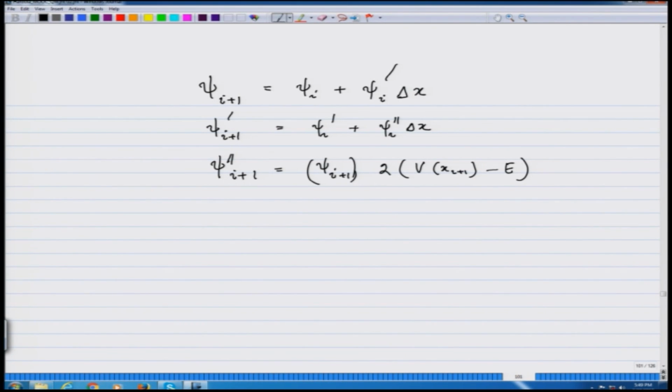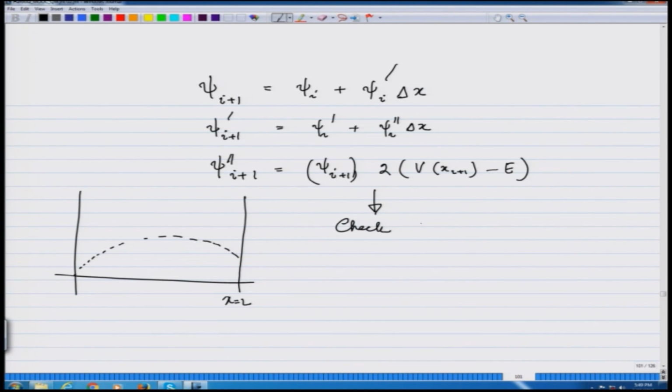Notice that this will depend on E, and this way I can go all the way building up the solution at different points all the way to the other side, x equals L, and then check if psi at the last point, let us say n, is equal to 0. Now, numerically it is very difficult to make sure it is 0.